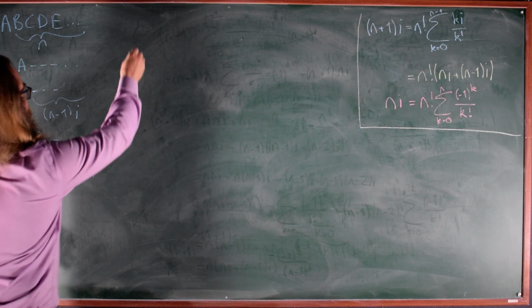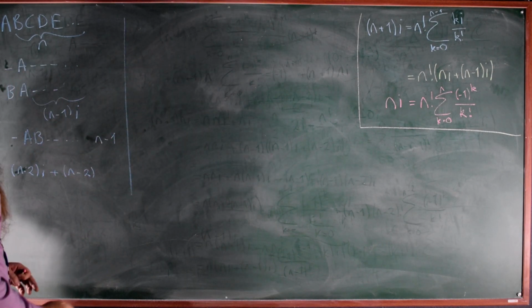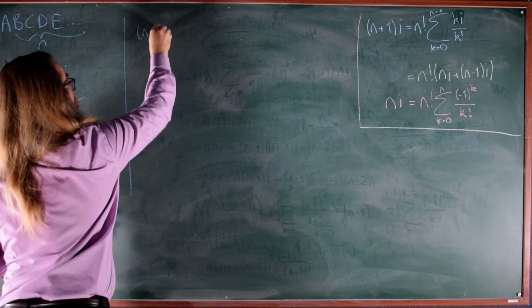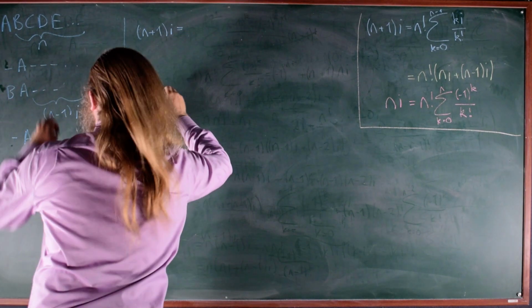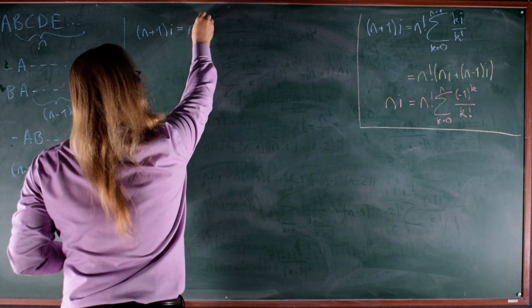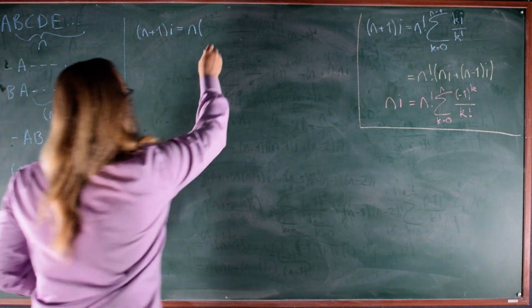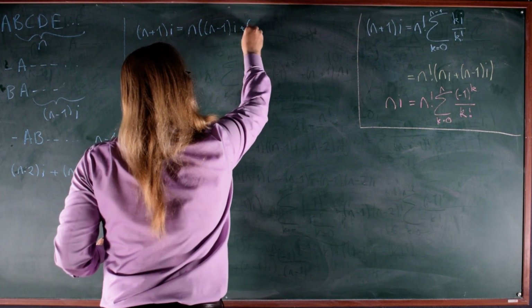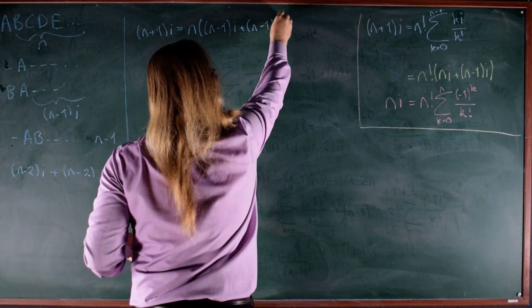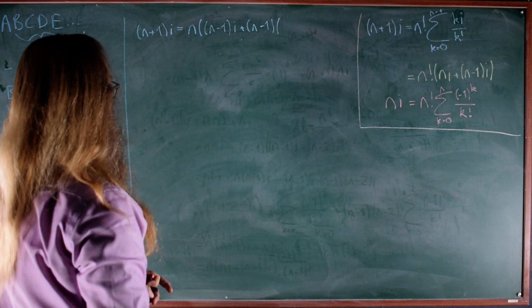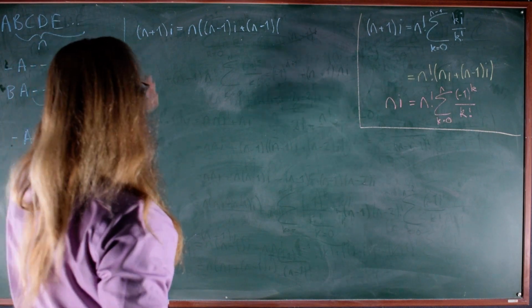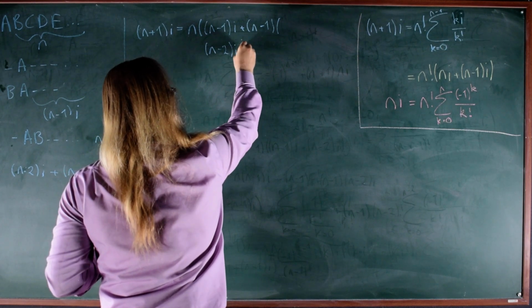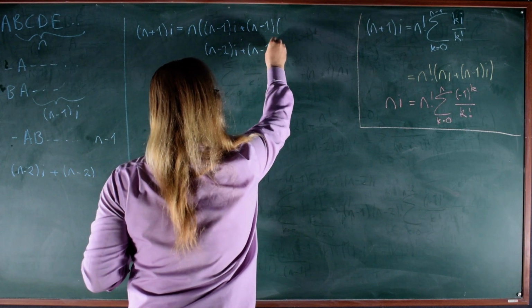What I end up with here is this pretty nice formula that says that the n plus 1 sub-factorial is equal to, well, I had n here, and then I have to multiply by the two cases that were in there, which was n minus 1 sub-factorial plus n minus 1, open parentheses. And what goes into the parentheses? Well, the exact same thing. I go n minus 2 sub-factorial plus n minus 2.